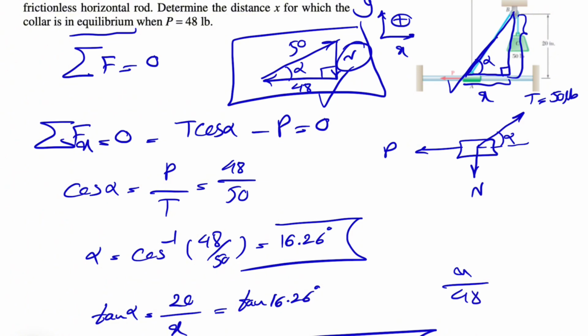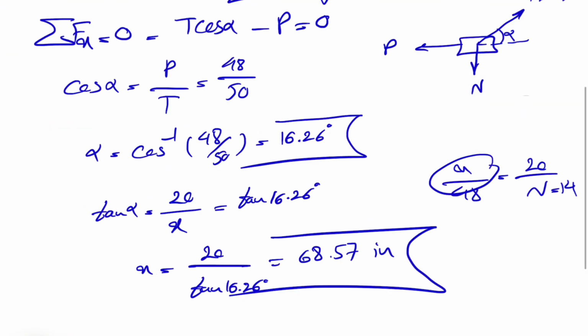Basically x over 48 would be equal to 20 over our N, which we can find from our Pythagorean theorem. If we do that, we'll get 14, and we can find our x pretty easily. So that's the second way.